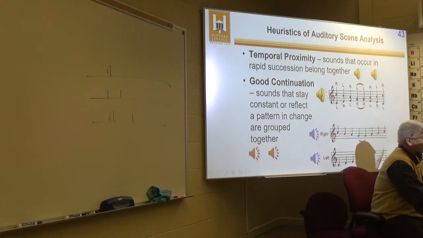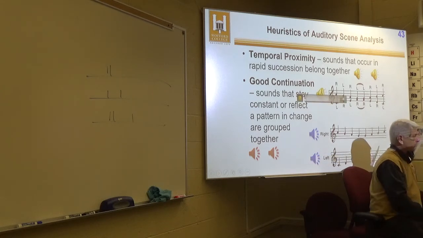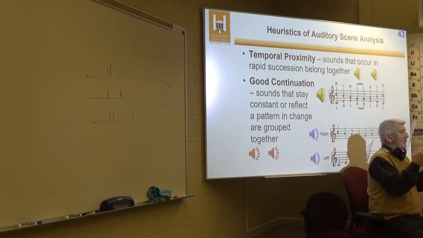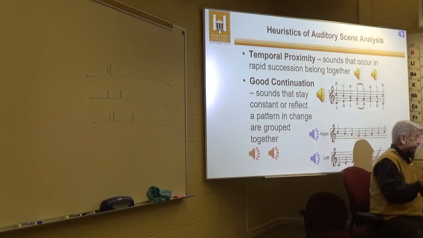And this is segregated by right and left speaker, which is hard to hear in here, where the right side is doing this, and the left side is doing the bottom. But we segregate that out based on frequency.